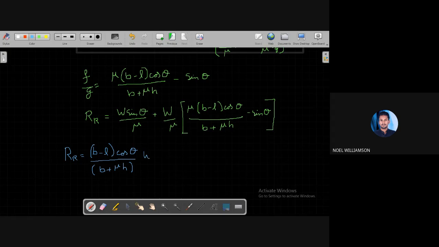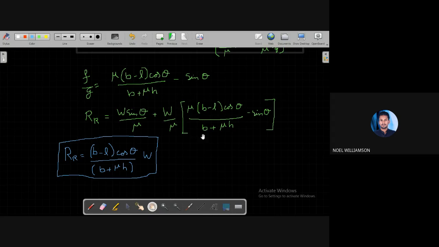So this is the normal reaction at the rear wheel.